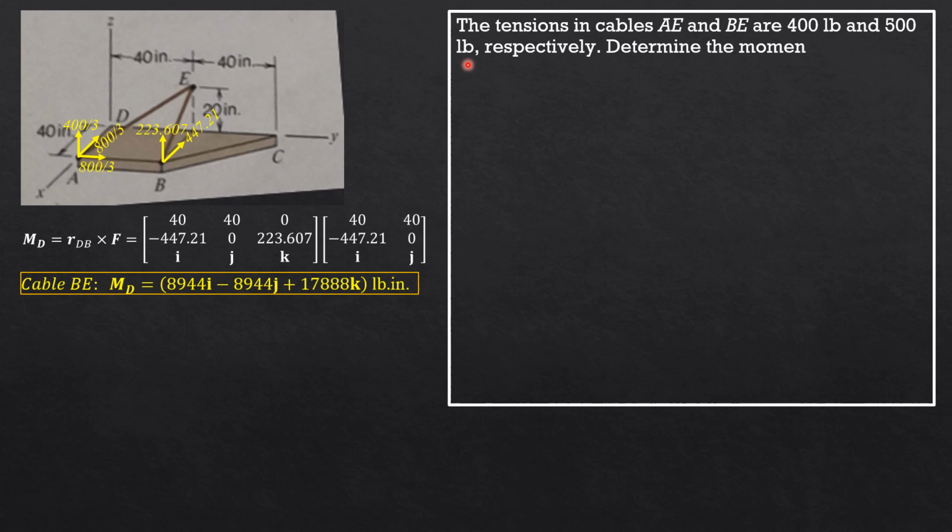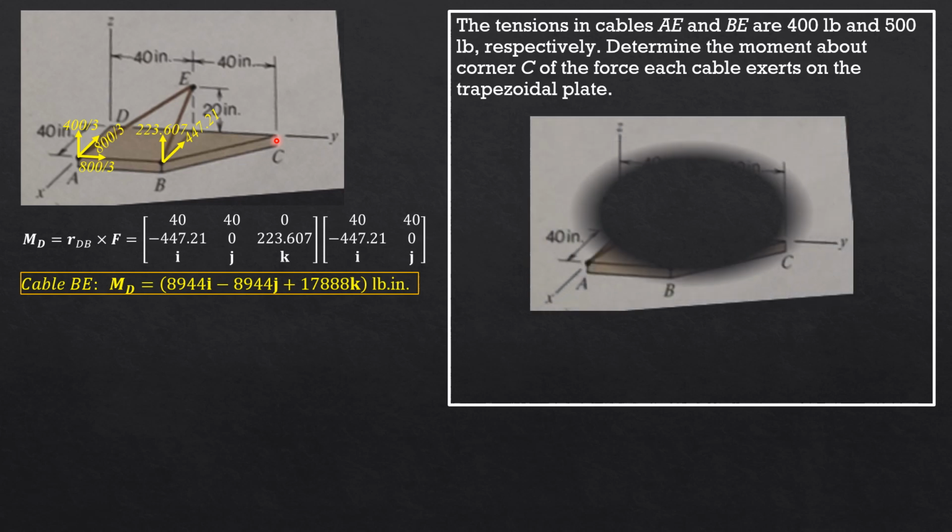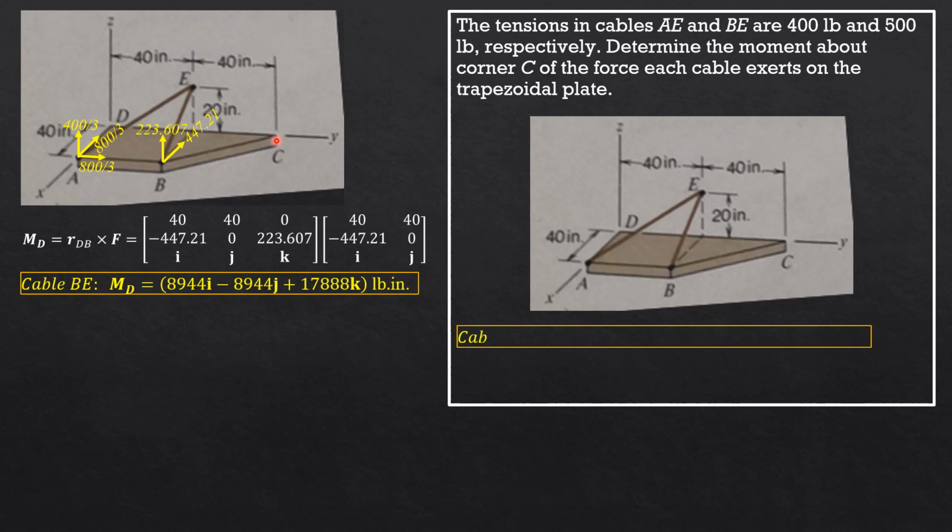The tension in cables A and BE are 400 and 500 pounds respectively. Determine the moment about corner C, this is corner C, of the force each cable exerts on the trapezoidal plate. So since I resolved the forces into components already, I hope that you know how to compute the moment by the scalar approach and the vector approach.